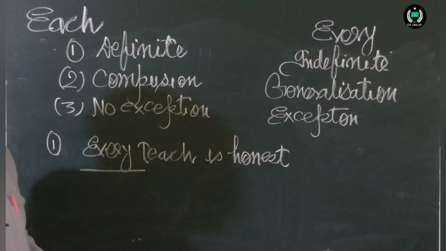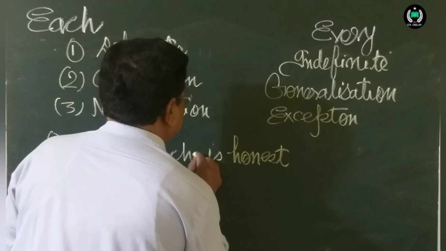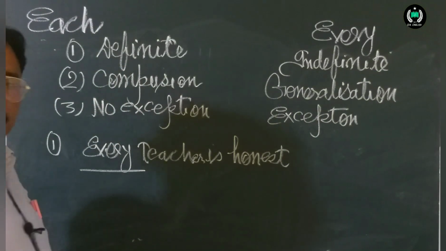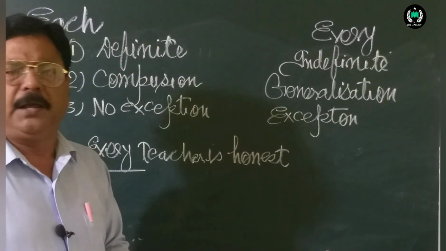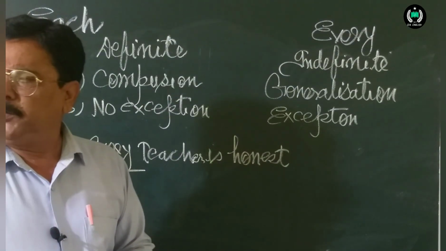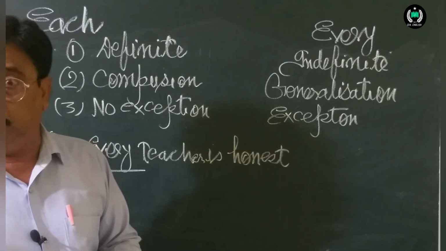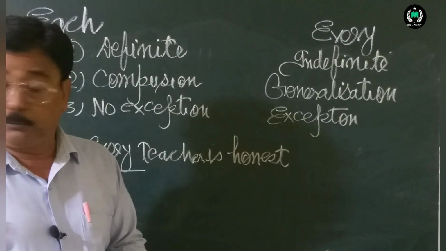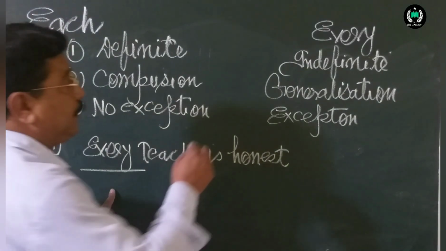But again, have this in your mind. Every teacher is honest. Every teacher here means, in general, all teachers, not every teacher of this school. So here every is correct. Each cannot go. Indefinite number.